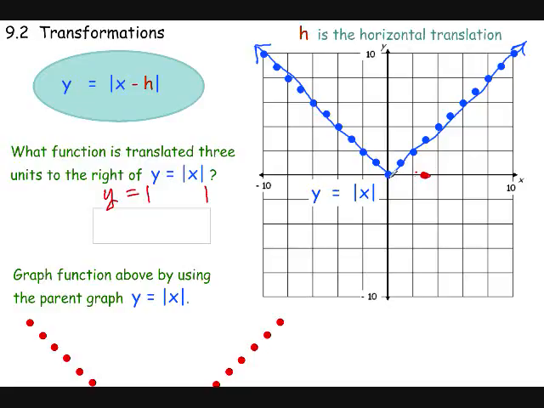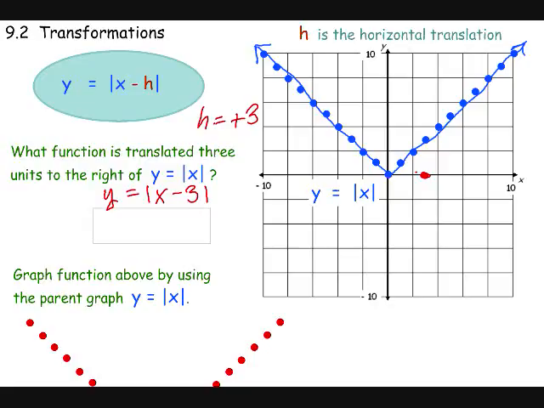So that would be a +3. Our h would be a +3. So what are we going to do here? X -3. We have a +3, and we're always subtracting inside the domain.